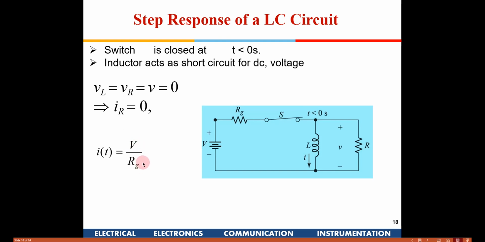We should be very clear on how to establish the initial conditions of an inductor and a capacitor. When we try to establish an initial condition, we do a DC analysis, and for all DC analysis we need to consider the inductor as a short circuit and the capacitor as an open circuit.